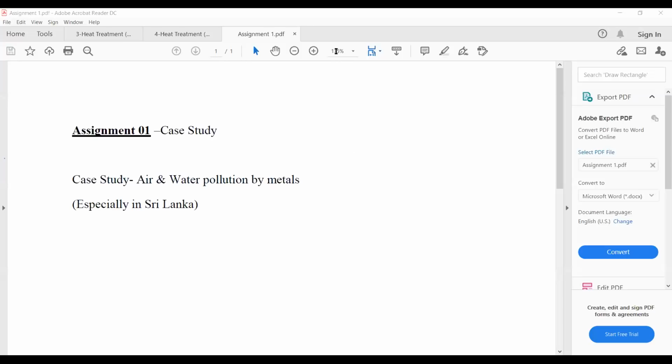Any questions regarding this? Yes, that's what I told you earlier. It is okay to add photos, images, schematic diagrams, flow charts, in whatever way you can interpret or explain your study.